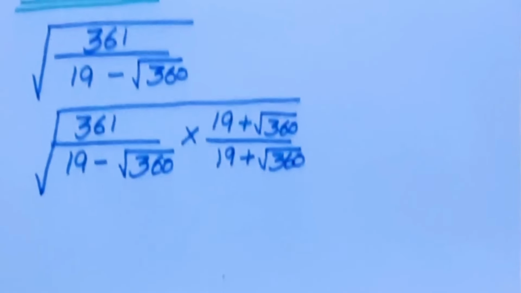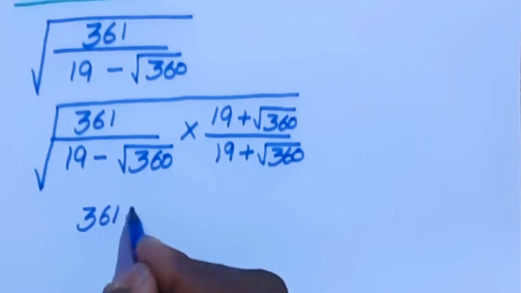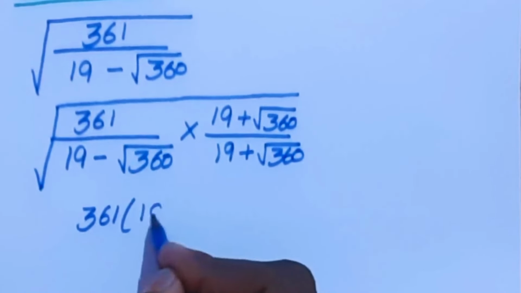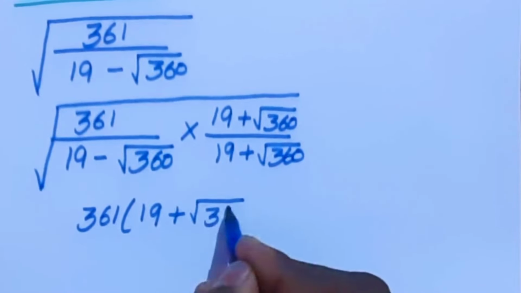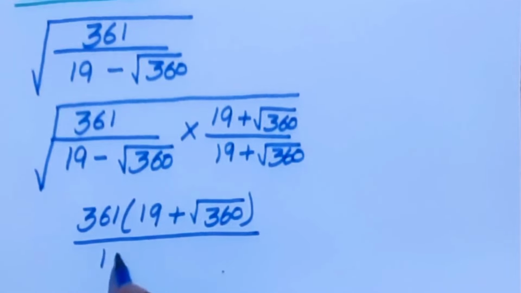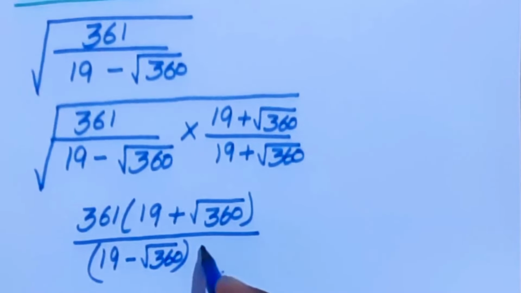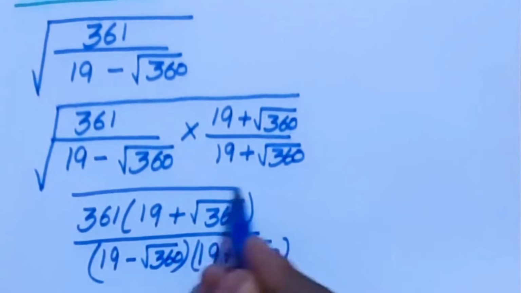Now this can be written as 361 times 19 plus square root of 360 by 19 minus square root of 360 times 19 plus square root of 360 in whole square root.